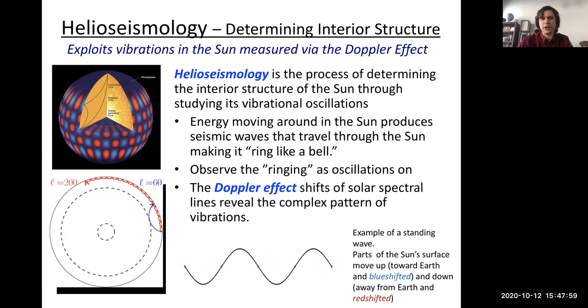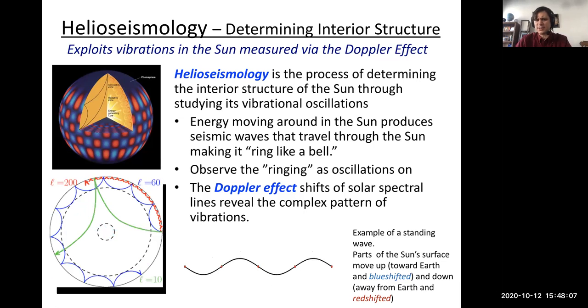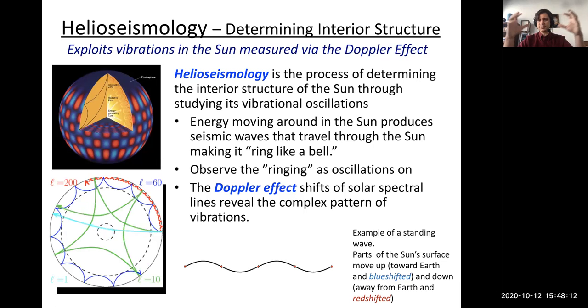And you have probably already gotten the concept that this is really complicated stuff. But the basics are pretty easy. The energy moving around in the sun is causing the sun to ring like a bell, causing it to have all these internal vibrations, of which we actually heard an auditory simulation.